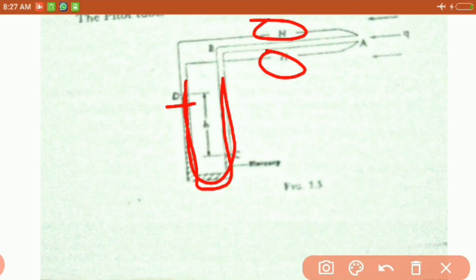Now consider the stream entering the tube AB. The stream is entering from here in this direction, from A to B. The stream of water or fluid is entering.